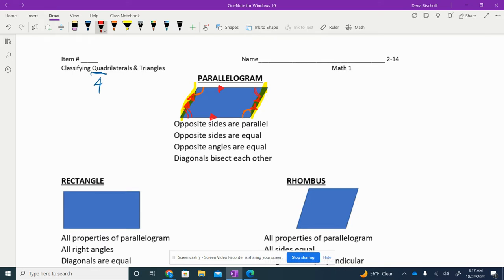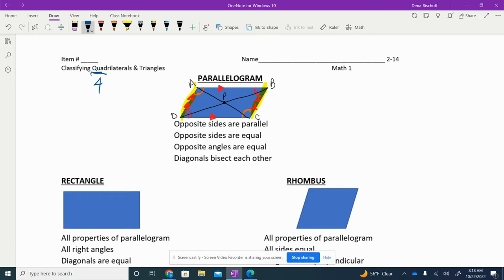And then the last really unique feature about parallelograms is that the diagonals bisect each other. So this is one diagonal, this is the other. The diagonals intersect right here. We're going to call this point P. If I were to label this parallelogram A, B, C, D, I would learn something very unique.